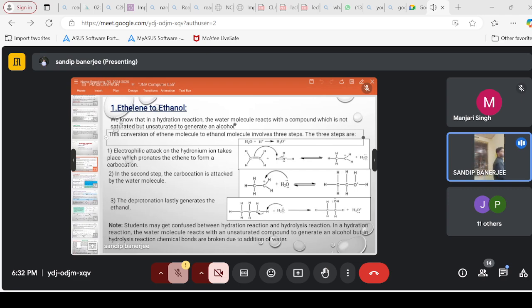Mostly dilute sulfuric acid is used for these kinds of water addition. So in the last stage, this water molecule will trap this H plus proton to form the final product, your alcohol, and H3O plus.